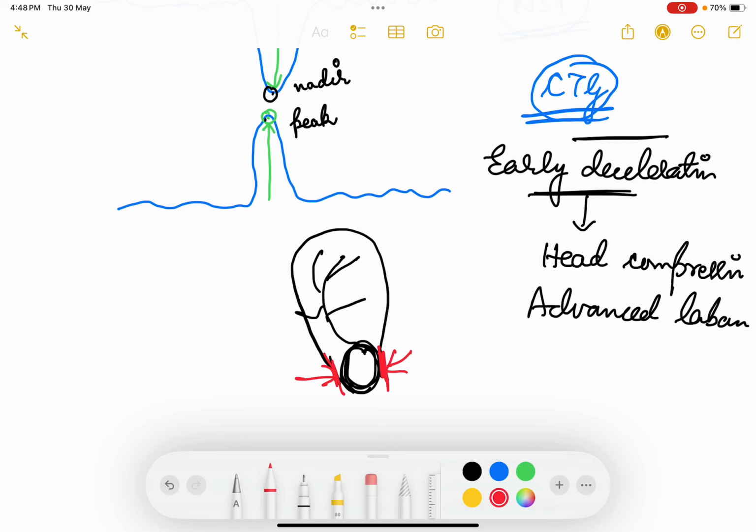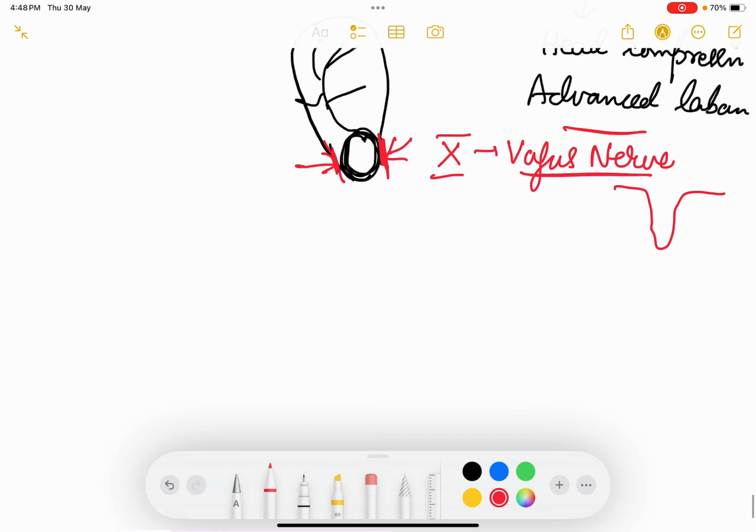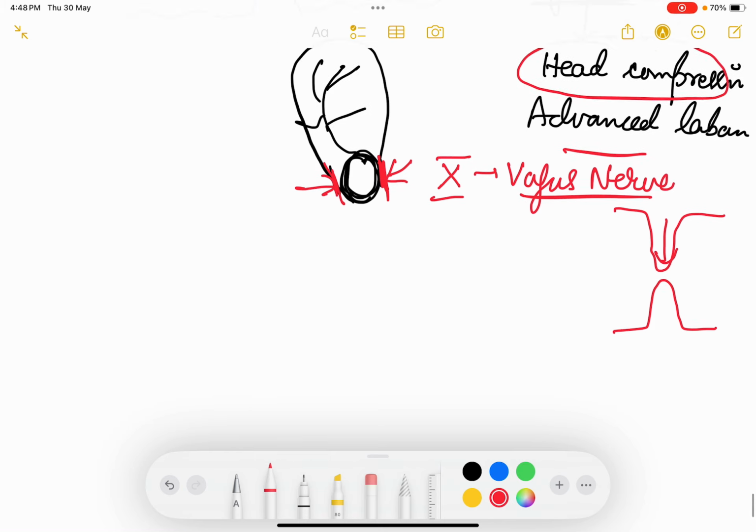And when fetal head is compressed, the 10th nerve or the vagus nerve is compressed beside the fetal head. When the vagus nerve is compressed, parasympathetic system is activated and there is deceleration or fetal heart rate decreases. So every contraction is coinciding with the fetal heart rate deceleration. So it is because of head compression, always remember, and it occurs in advanced labor.